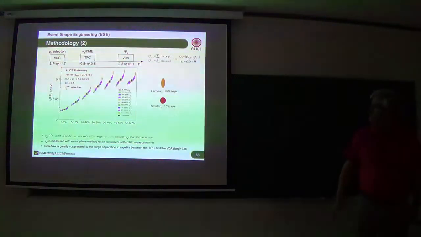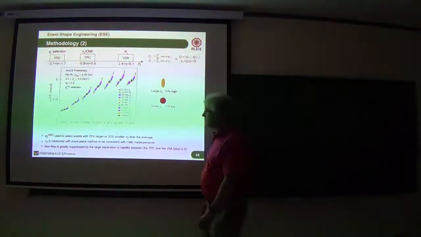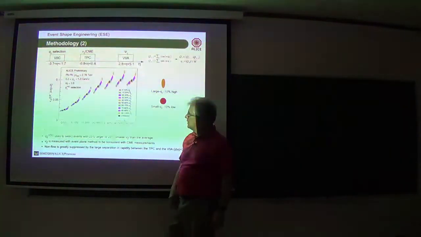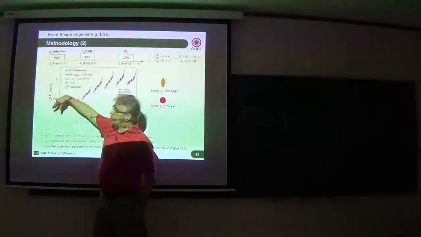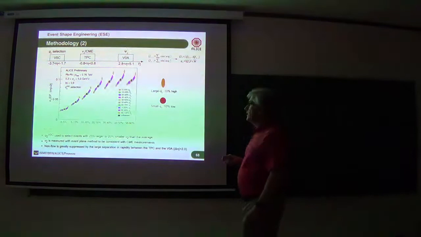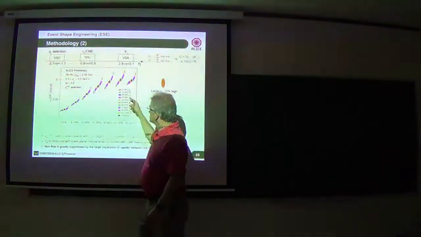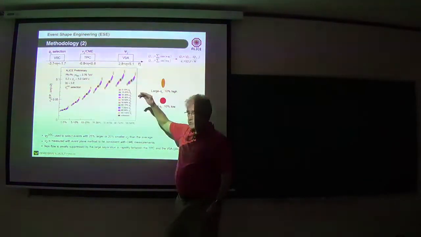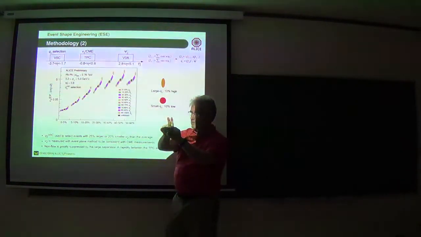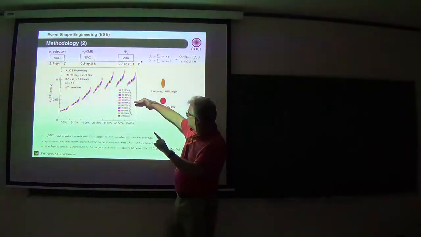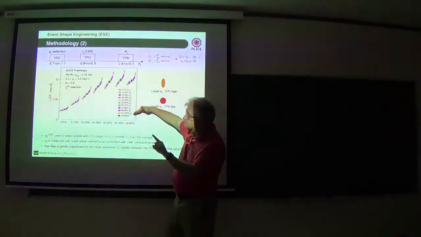We can do this in centrality classes, and so here I have central to mid-central. What's shown is the V2 that we measure in not only centrality classes, but Q2 classes. Here, Q2 as a magnitude, I select the bottom 10% or the top 10%.